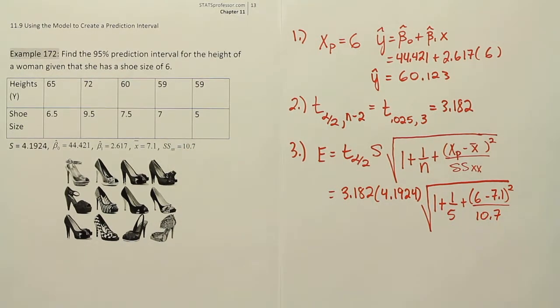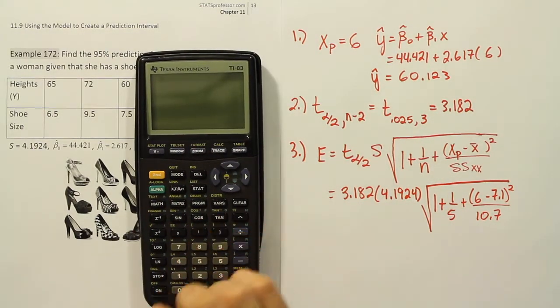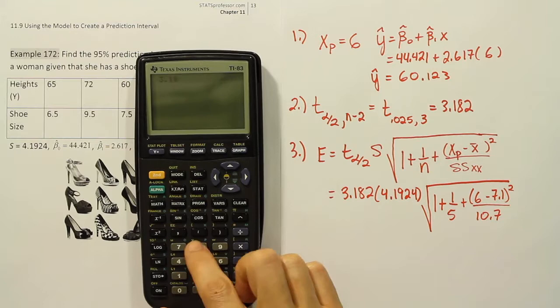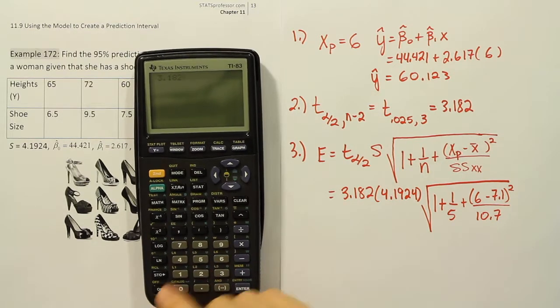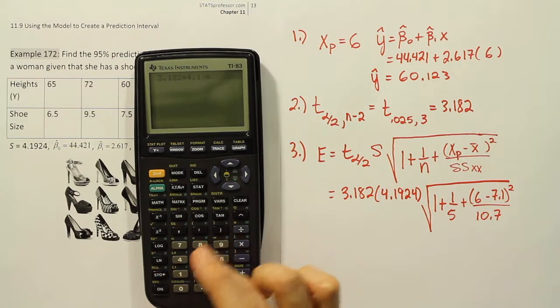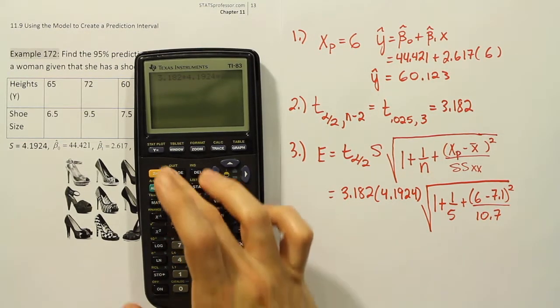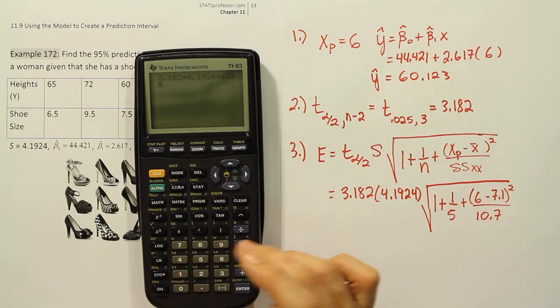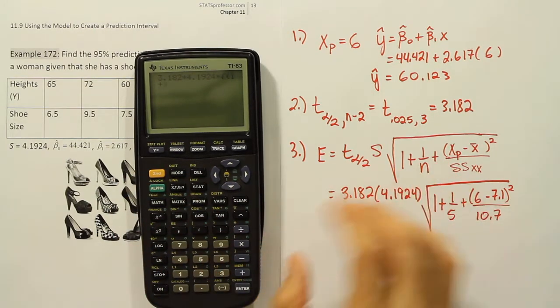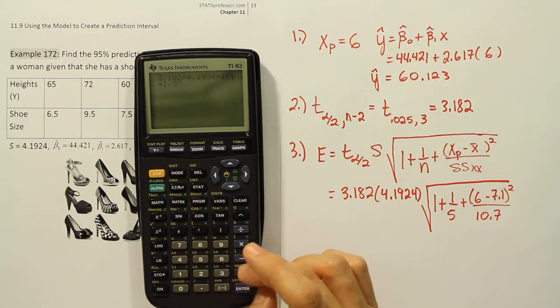Okay, let's see what that all gives us ultimately. So I have 3.182 times 4.1924 times the square root of 1 plus 1/5. I'm just going to do 1 divided by 5. You could also type in 0.2, right?